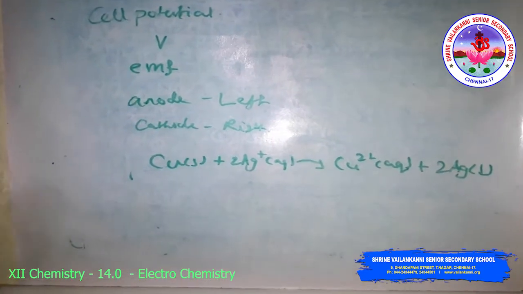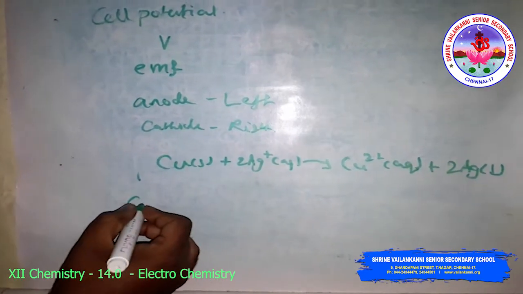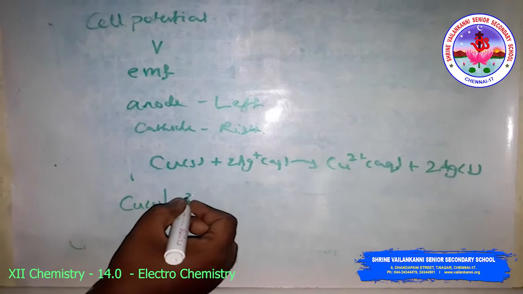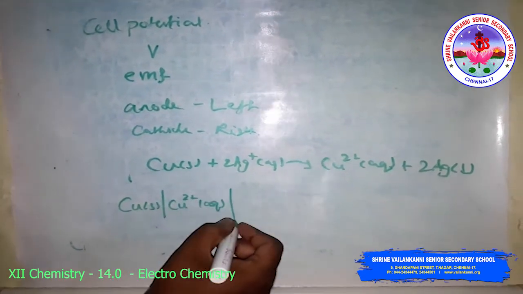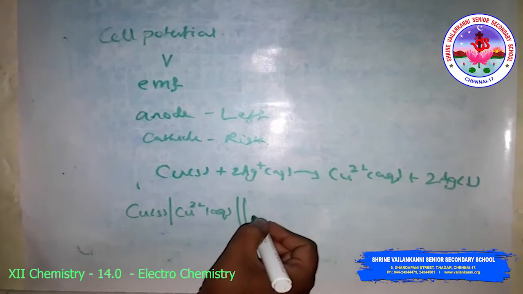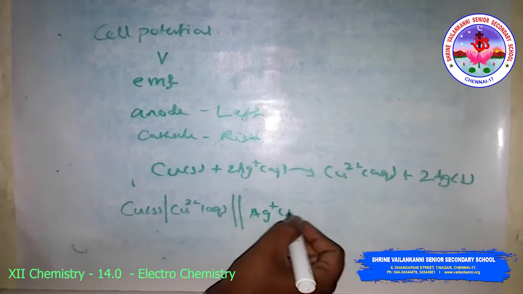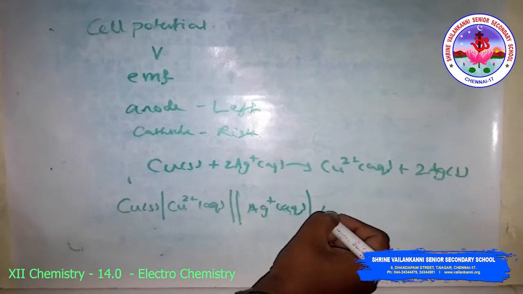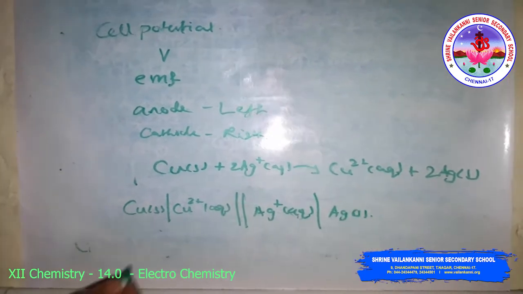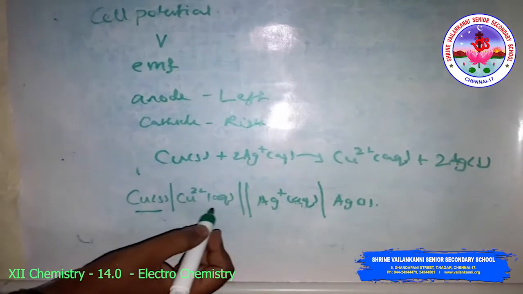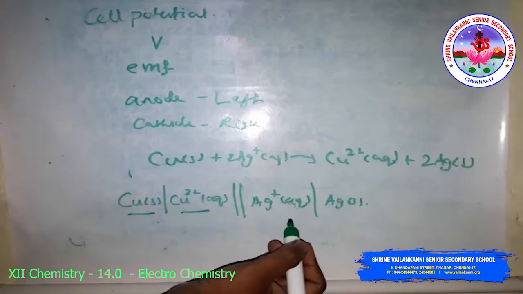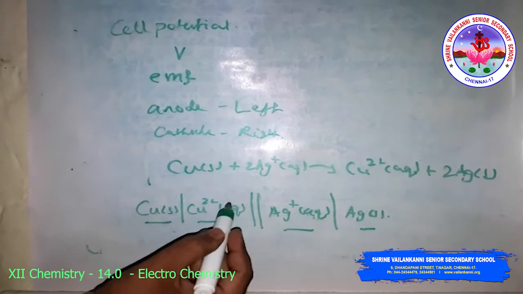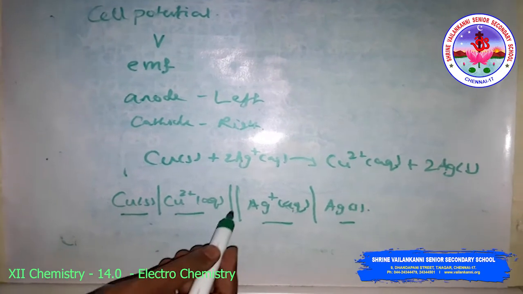We write the cell as Cu solid, single line, Cu2 plus aqueous, double line, Ag plus aqueous, single line, Ag solid. Here Cu and Ag are electrodes, and Cu2 plus and Ag plus are electrolytes. The two electrolyte solutions are connected with a salt bridge, so the double line indicates the salt bridge.